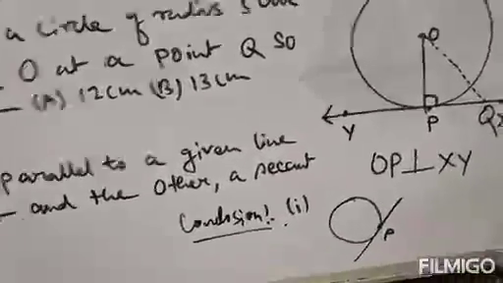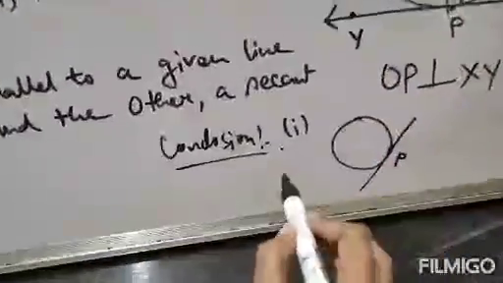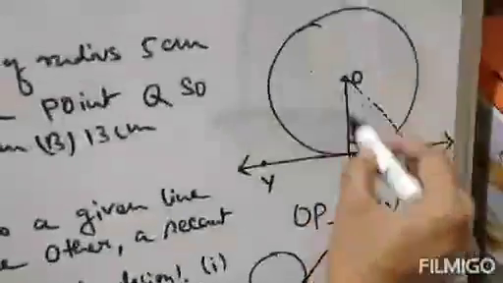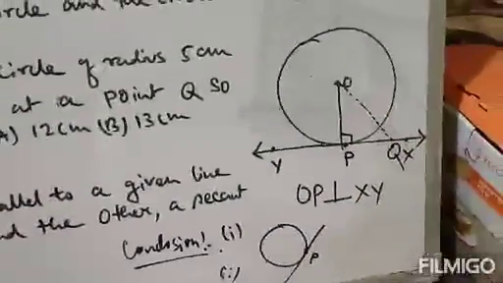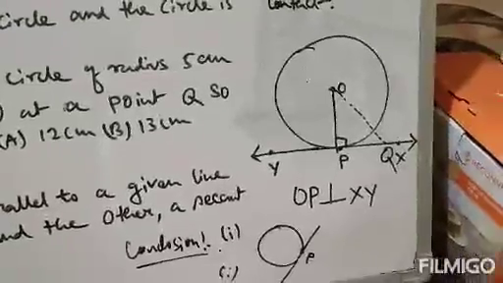The second conclusion is that the line OP is actually the radius. O is the center and P is the point of contact, or common point, between the circle and the tangent.